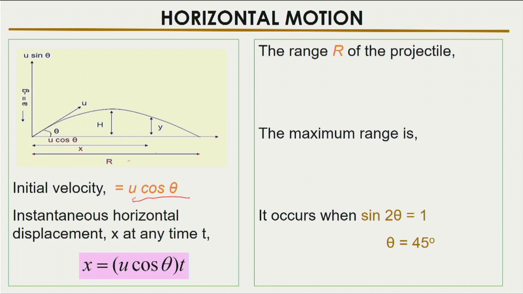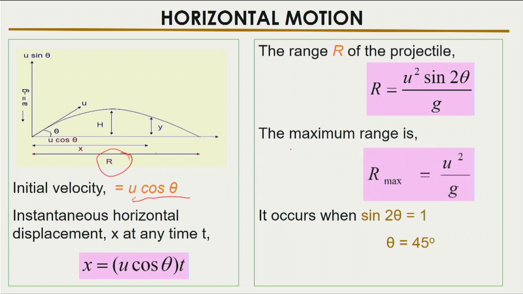The range R equals u squared sin 2 theta over g, and the maximum range equals u squared over g. It occurs when sin 2 theta equals 1, theta equals 45 degrees. So if you want to find the maximum range, the best angle is 45 degrees.